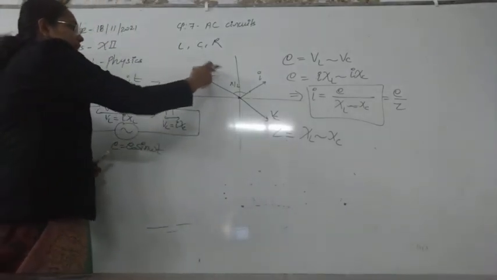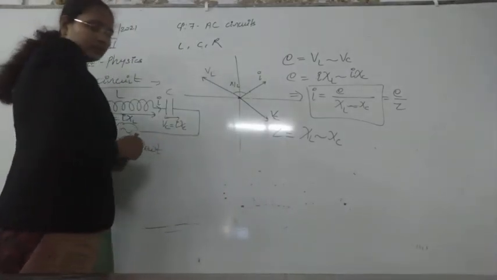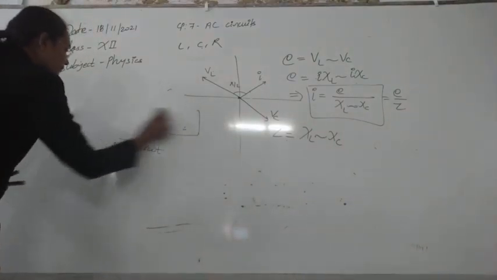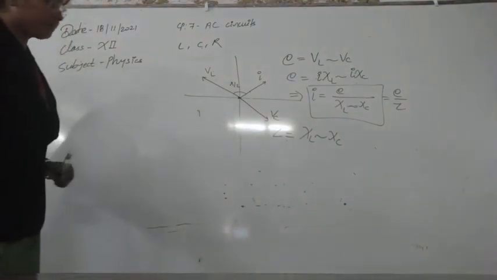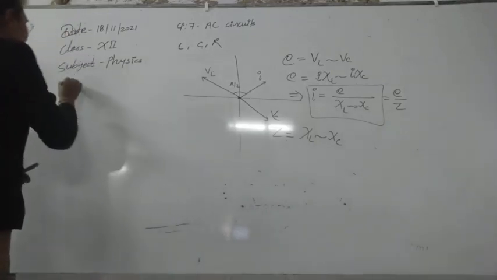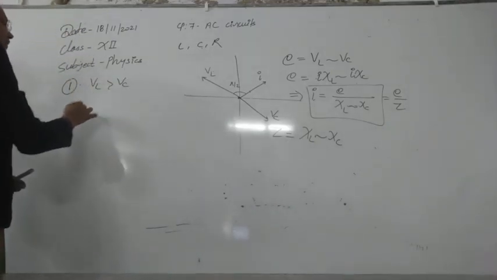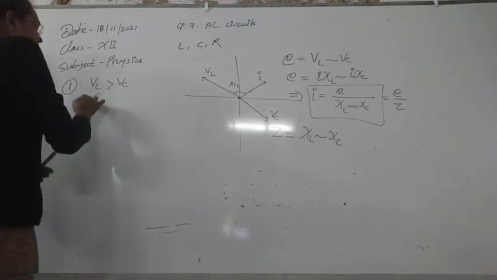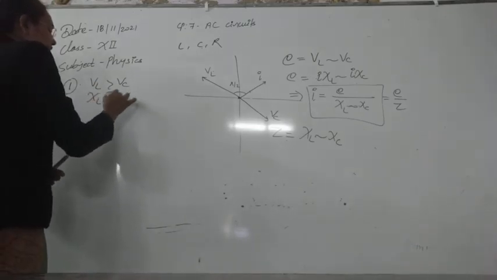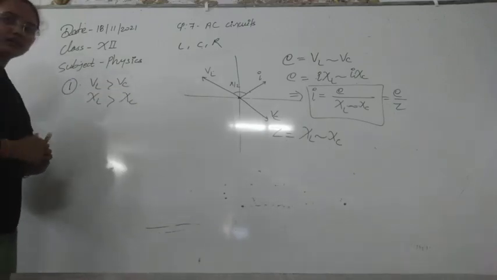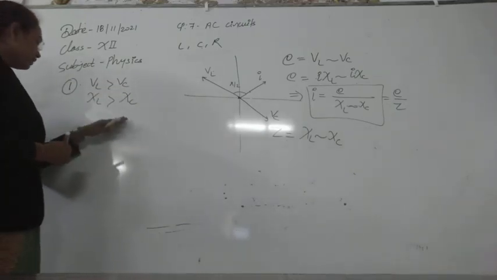So the first condition: if VL is greater than VC, that is, we can also write chi L is greater than chi C. If you multiply I on both sides, we can conclude this also.